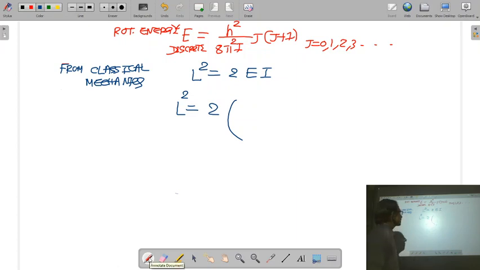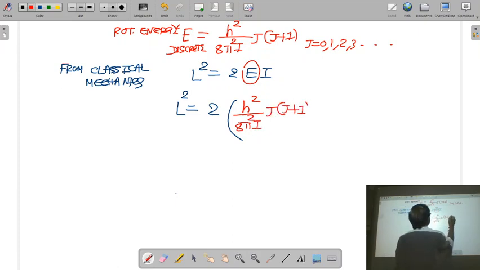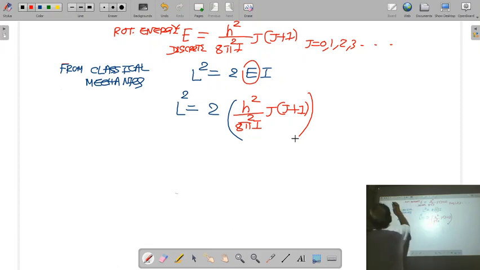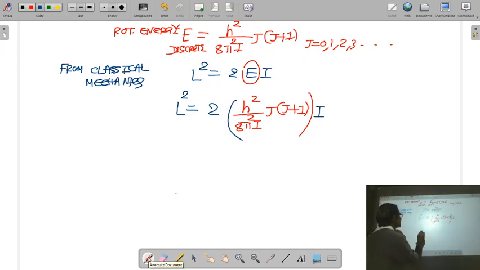By solving the Schrodinger equation, we have derived the rotational energy of the molecule as h square upon 8 pi square I into J plus 1, multiplied by I. So this is the rotational energy of the molecule, h square upon 8 pi square I into J plus 1. So which equation do you get?